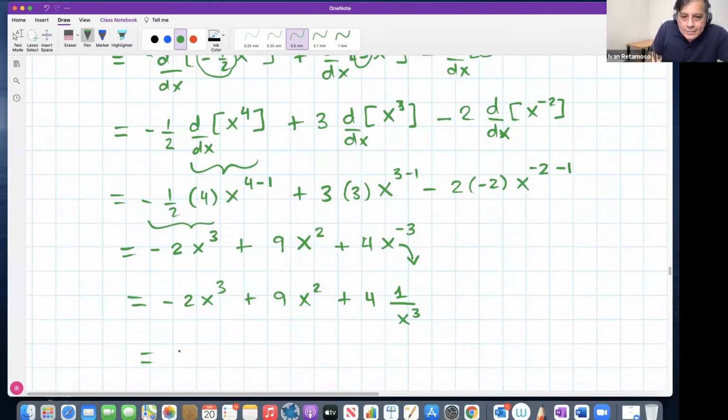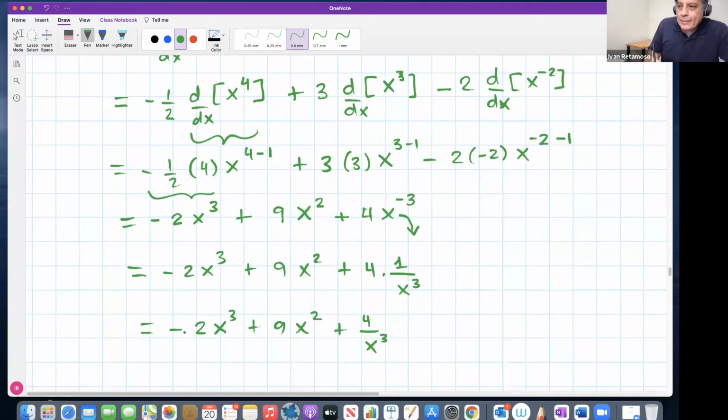And then just rewrite this as minus 2x to the third plus 9x squared, plus the number 4 multiplying 1, which is 4, over x to the third, right? These guys, believe it or not, should be the answer, right? Very good, very good.